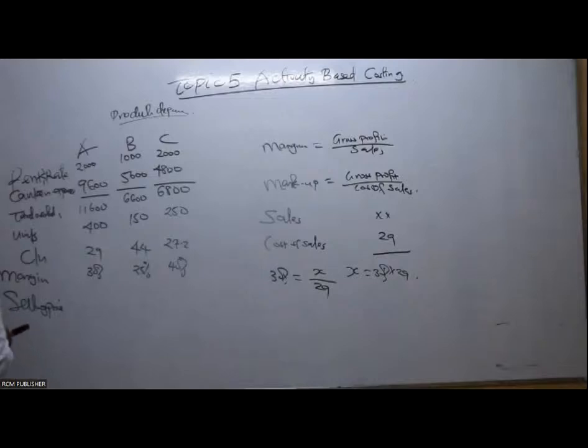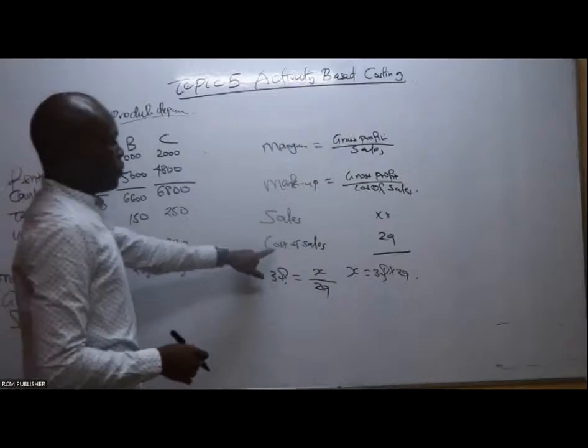So if I have markup, I should be able to get to gross profit, and then I finally get to selling price. Use the formula.